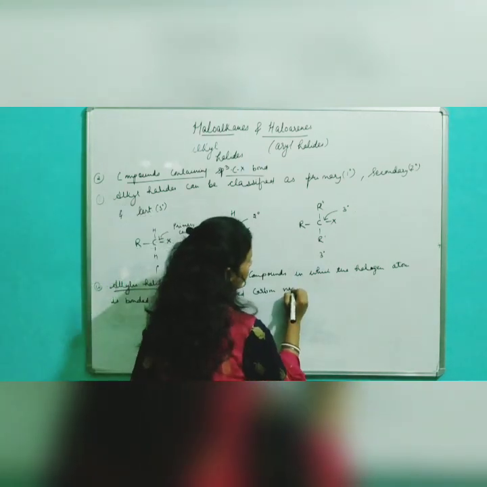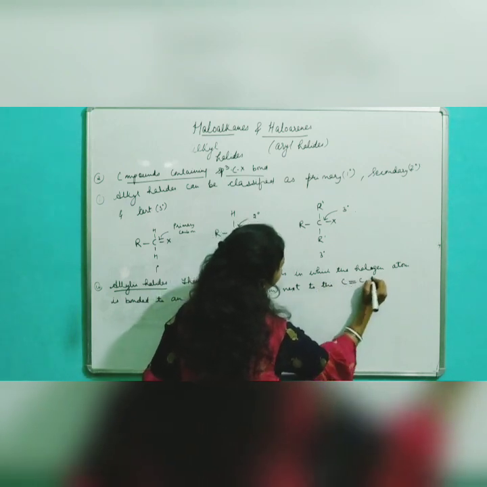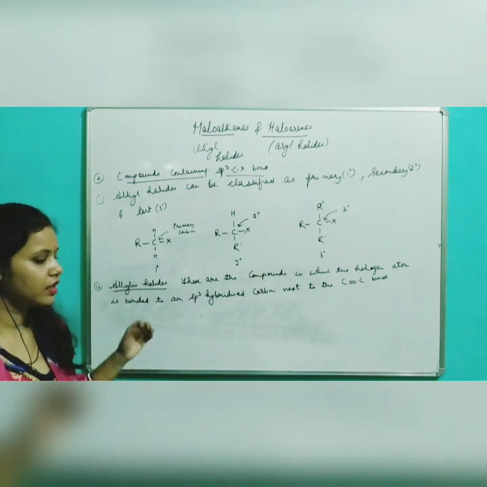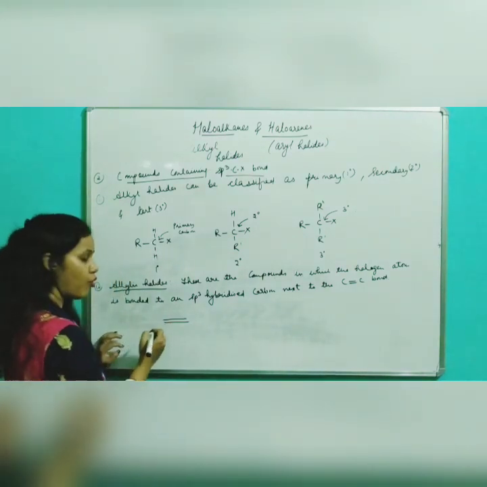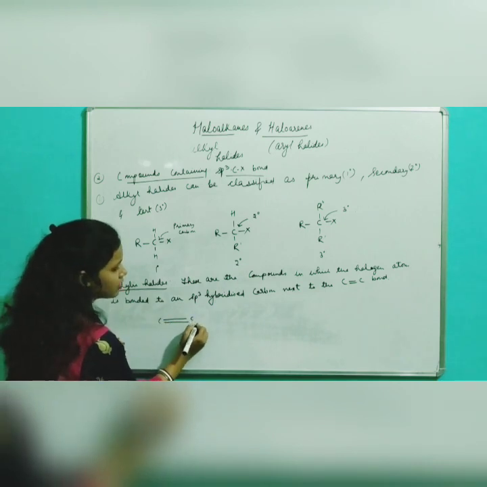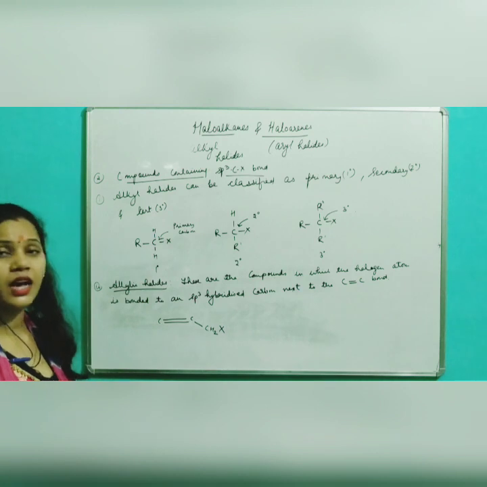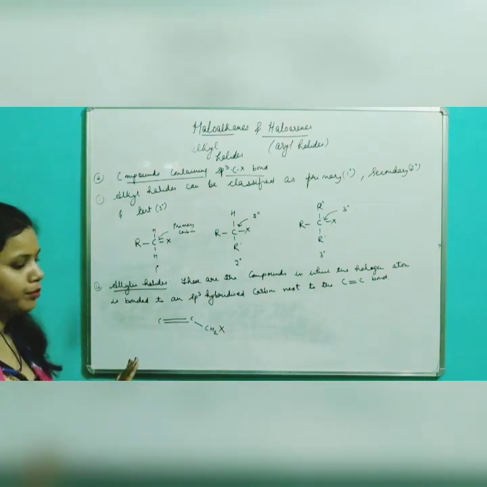That is the allylic carbon. That means if we have a carbon-carbon double bond, the halogen atom is attached to the next carbon which is bonded to the carbon-carbon double bond.